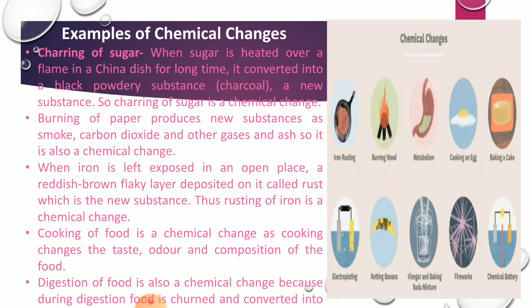This substance is called rust, and this process is called rusting. So again, a new substance is formed. That is why rusting of iron is also a chemical change.